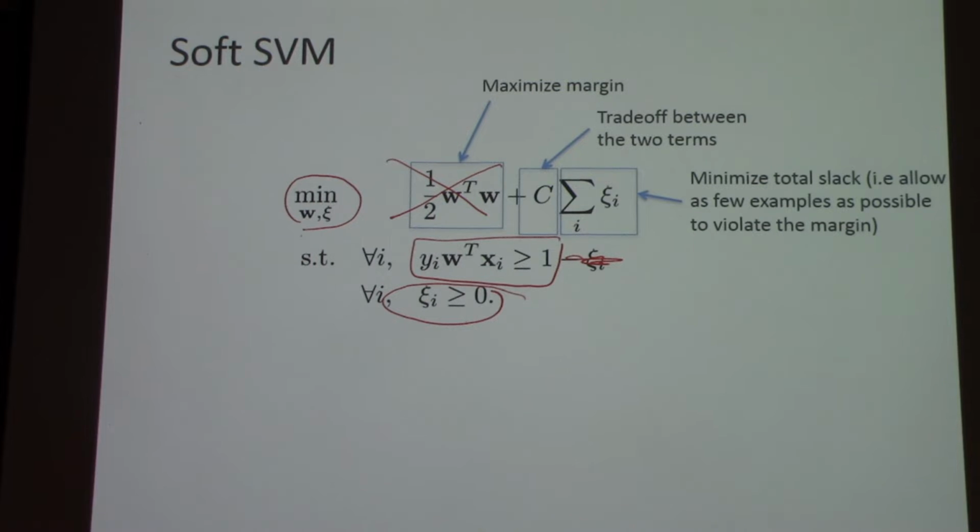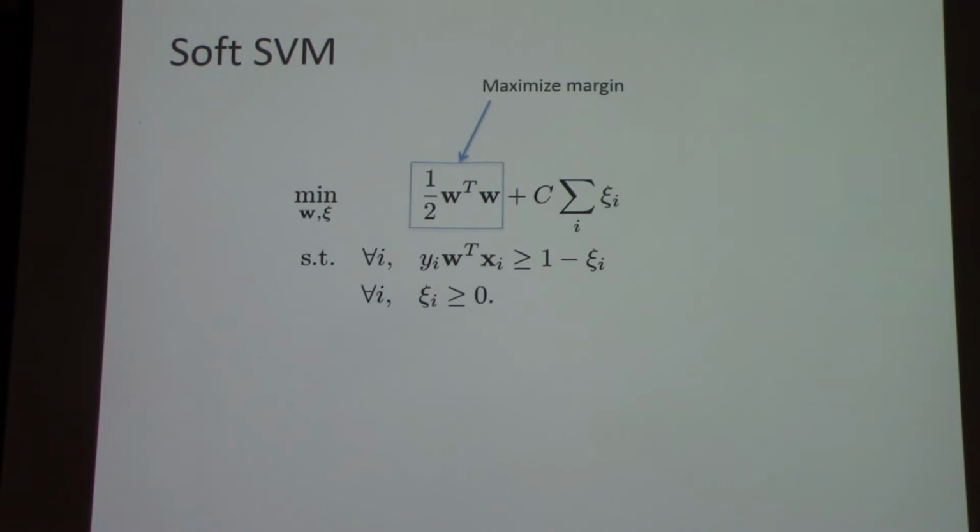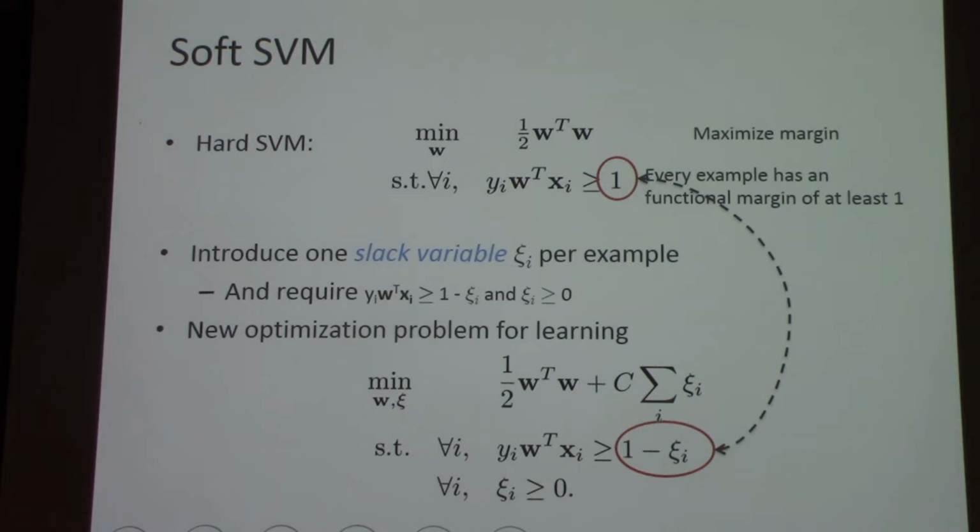Remote question: Is slack some constant value? How do you decide what that value should be? So the slack variables are not constants. If you notice, I was a little sneaky when I changed the optimization from here to here. I just marked this difference, but actually, I changed this as well.